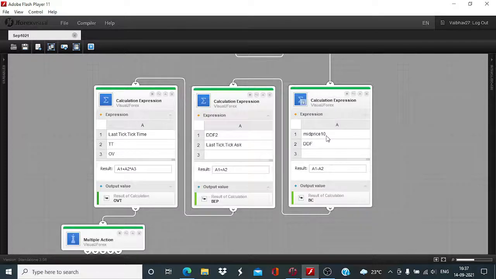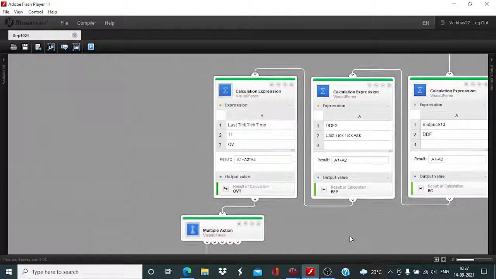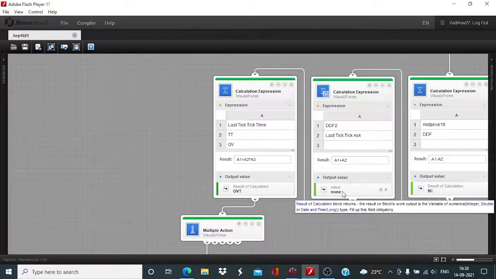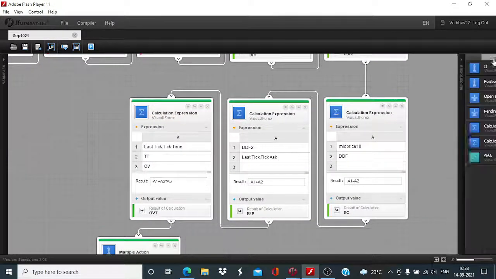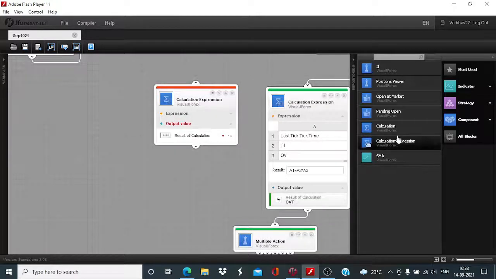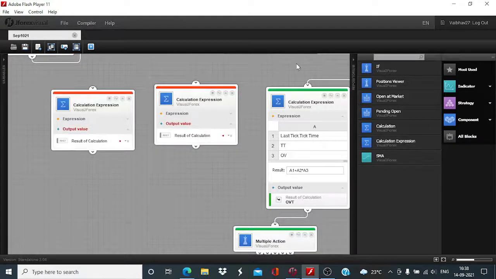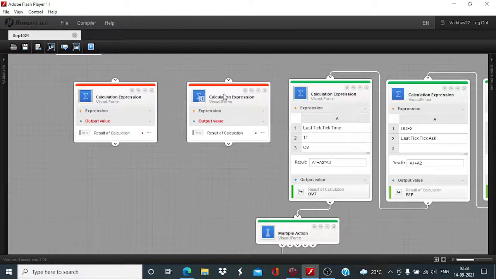For that I have to add this DDF variable which has the value of 30 pips to the mid price, and then we define the sell execution price, SEP. So for this I need to add two more calculation expressions here. We had already defined the order validity of 4 hours in the last session, so our job is done to that extent.